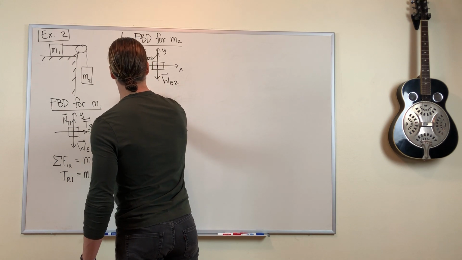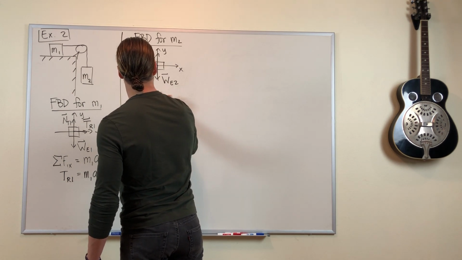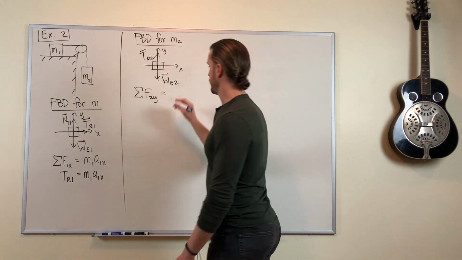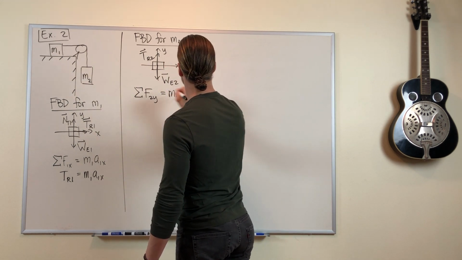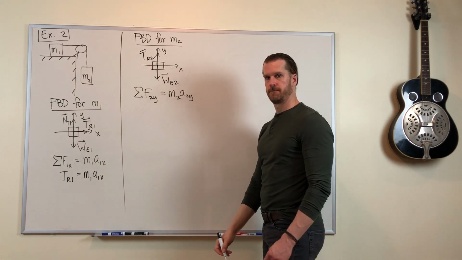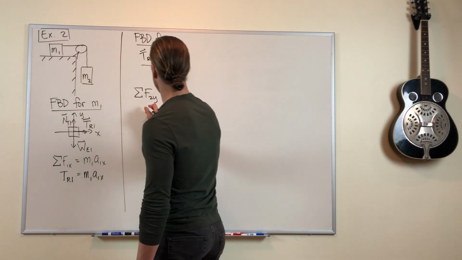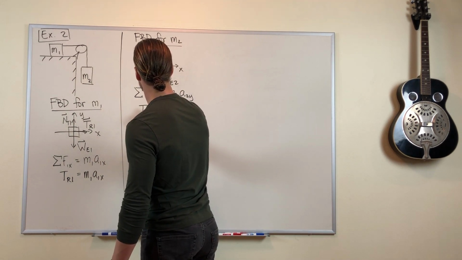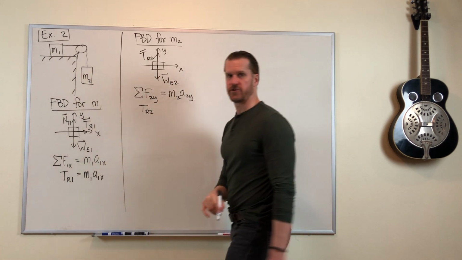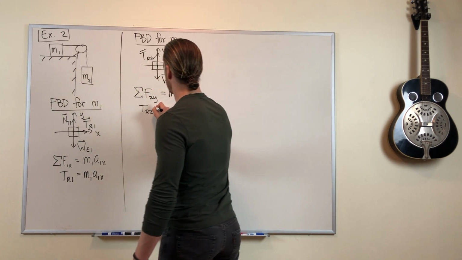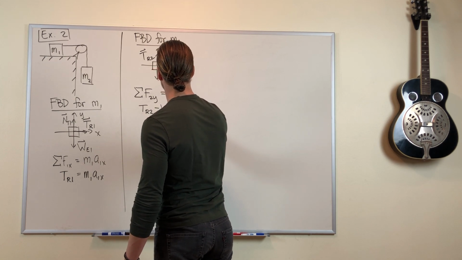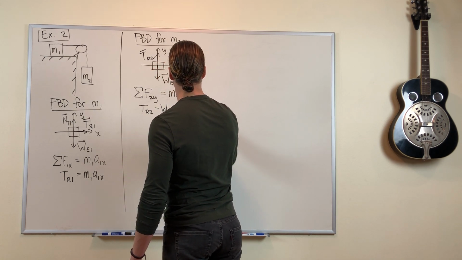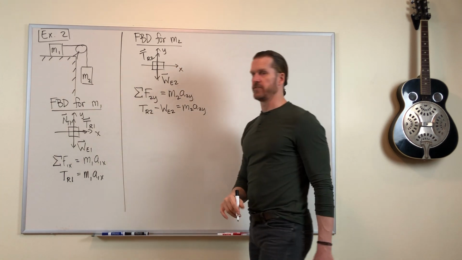So Newton's second law says the sum of those forces in the y direction equals m2a2y. We've got tension in the positive y direction, pointing up, and gravity in the negative y direction, pointing down.